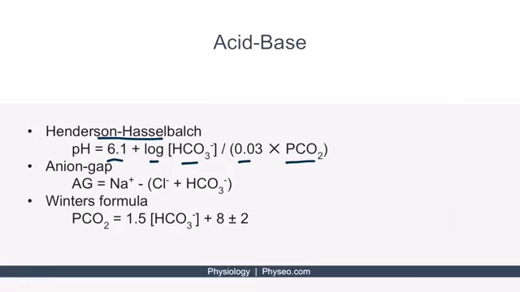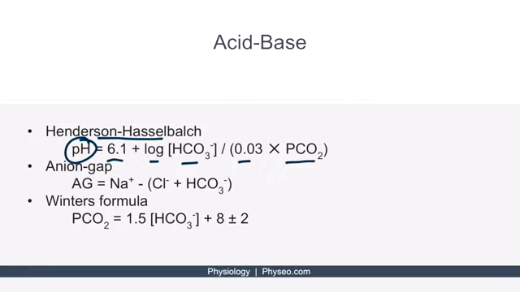So pretty straightforward. This equation is simply used to calculate the pH of a buffer system. The major buffer system of the blood includes bicarbonate and carbon dioxide, so you can see that the equation has been formatted to calculate the pH of blood.